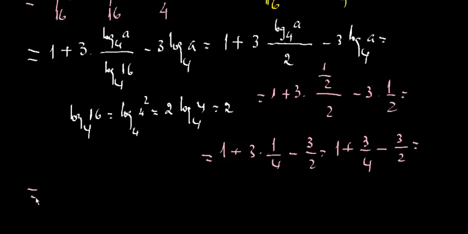Here I can make this operation easily, because 4 times 1 is 4, plus 3 is 7, 7 over 4 minus 3. I'm going to give the same denominator, 4, because 2 times 2 is 4, 2 times 3 is 6. So I'll get 1 over 4.